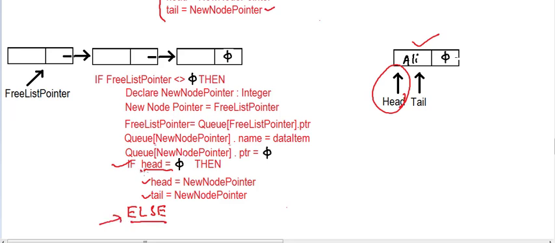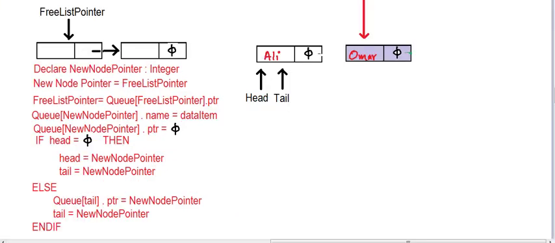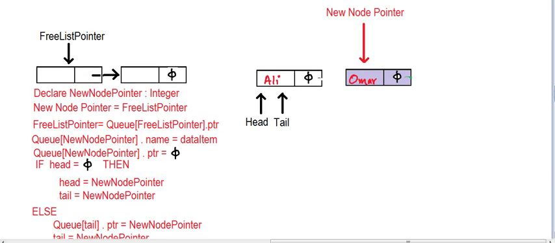If the head is not equal to null, which we can see here, then we go to the else clause. What are we going to do now? So what we want to do next is that this new node, which the new node pointer is pointing at, is the new node that now needs to be added to our queue.